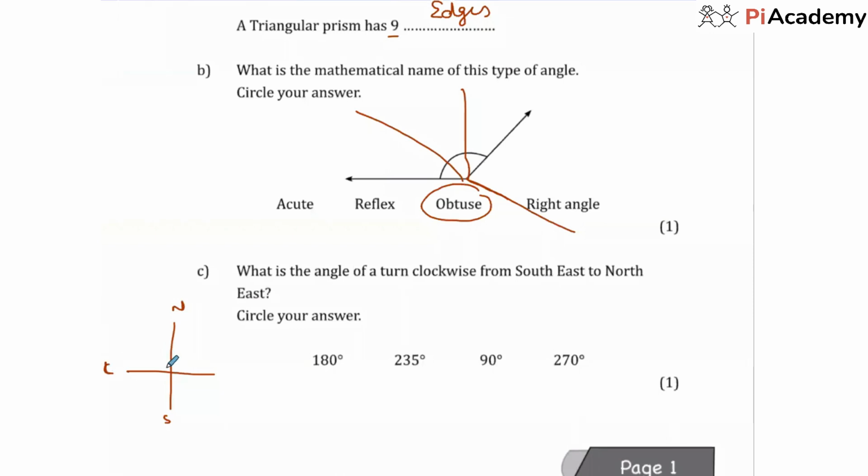Okay, this is west and this is east. From southeast to northeast, this one, so it is turning clockwise. So this is 90, 45. You see, this is 45, 90, and then 90. So that's 180, and this is 45. So it is 270 degrees. Correct. So when you're saying clockwise, it is this way. Anti-clockwise is this way. Remember that.